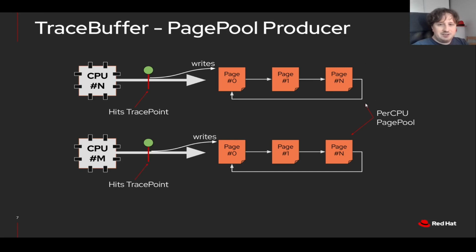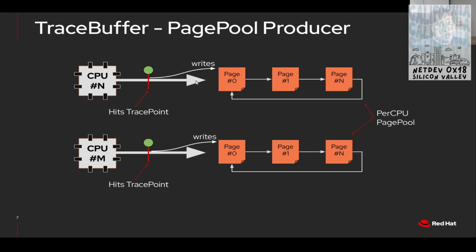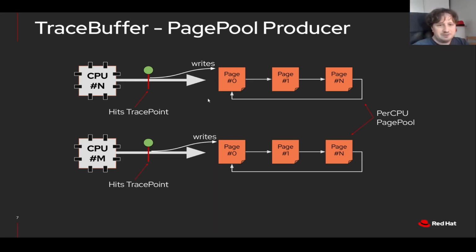But this page pool for the producer of trace events is per CPU. So another CPU also has its own page pool where it writes events. The reason is that it has probably already cached everything to access these pages, so it's very fast to access and very optimized.